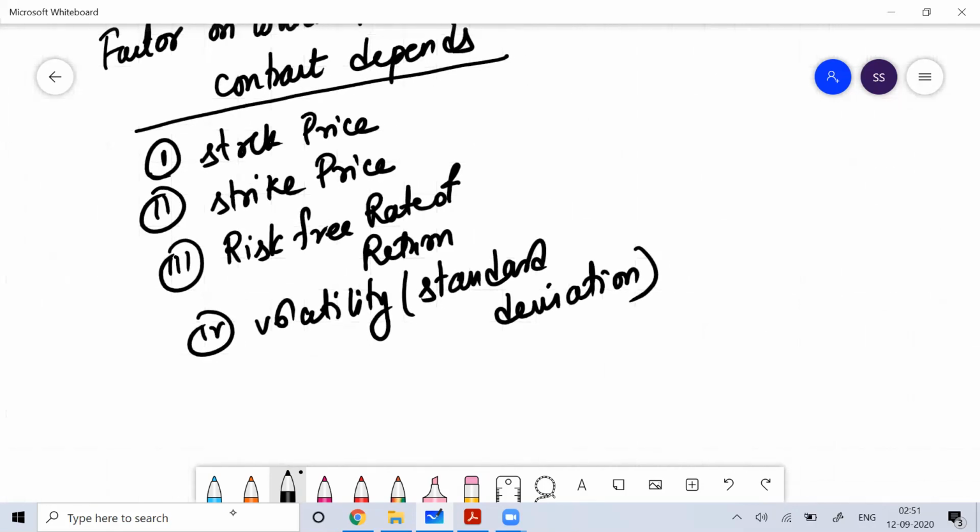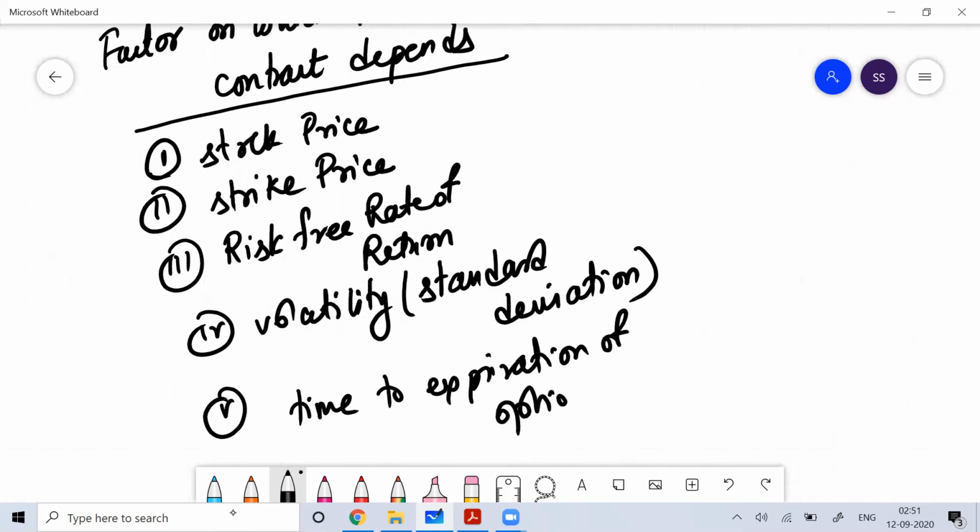Then the option contract depends upon the time to expiration of the option contract. So these are the factors on which the option contract depends, and ultimately these factors affect the value of the option contract.